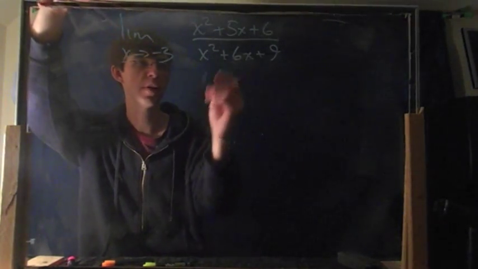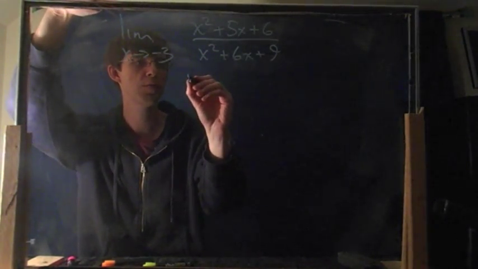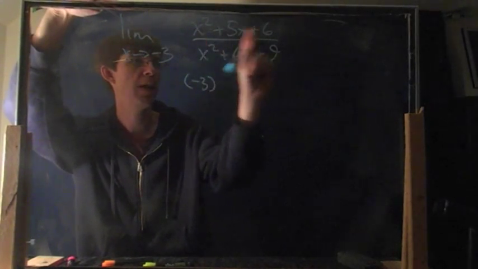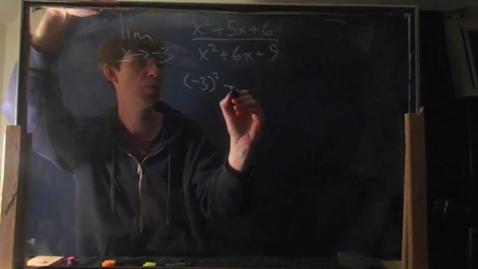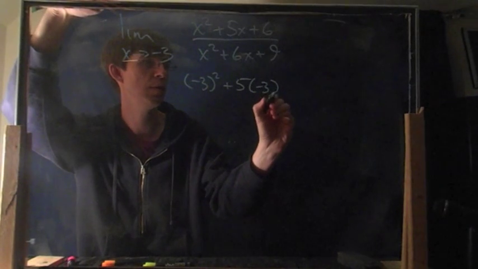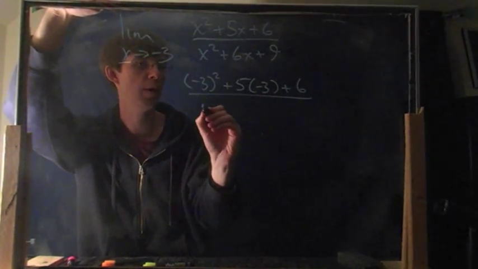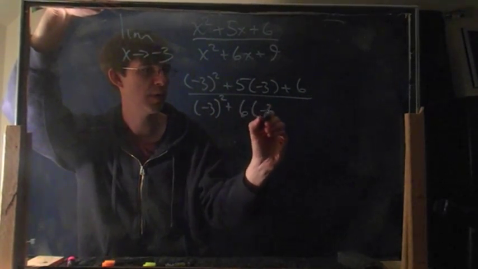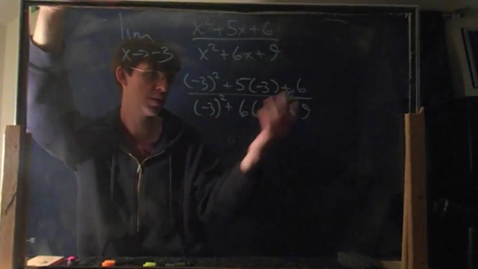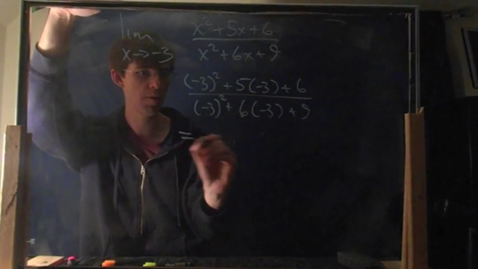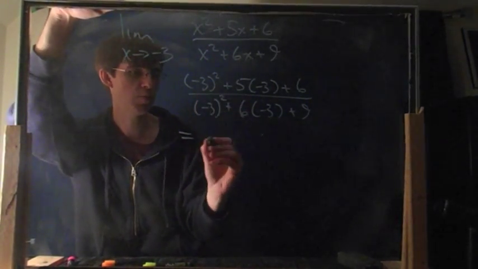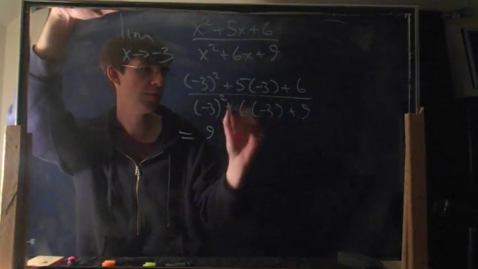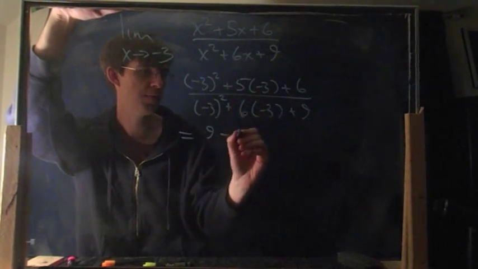But let's try it. So I'm going to plug in -3. I'm plugging in everywhere for x here. -3 squared plus 5 times -3 plus 6 divided by -3 squared plus 6 times -3 plus 9, right? What is that? You just work these all out. -3 squared is 9 plus 5 times -3 is -15 here, right?